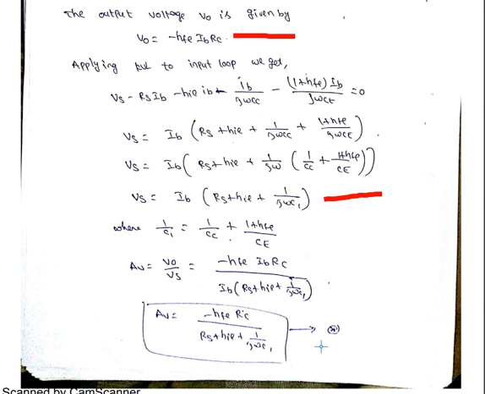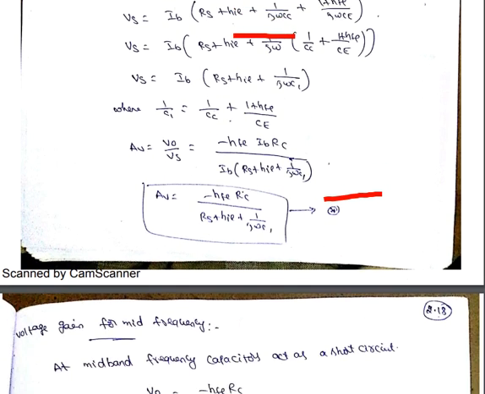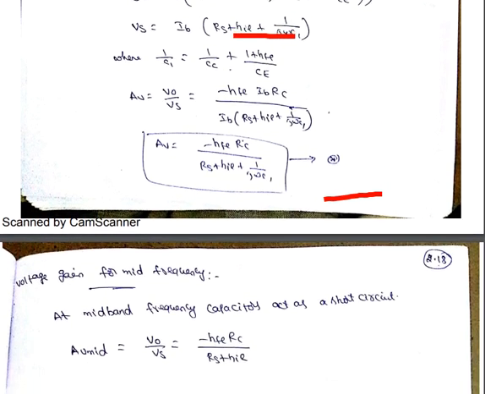So AV is equal to minus HFE RC by (RS plus HIE plus 1 by J omega C1). We have to remember this one. Now we can calculate this AV at different frequencies.